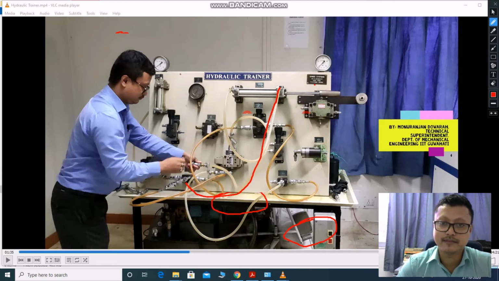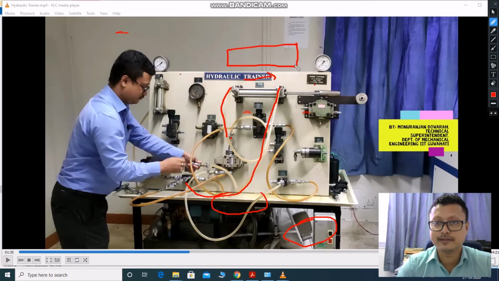So one pipe is connected to the 4/3 directional control valve and one directly from the pump, and when you actuate the lever, the extending motion occurs due to the difference of cross sectional area inside the cylinder. This is the internal cross section of the cylinder. So this is the piston, and this is the piston rod.